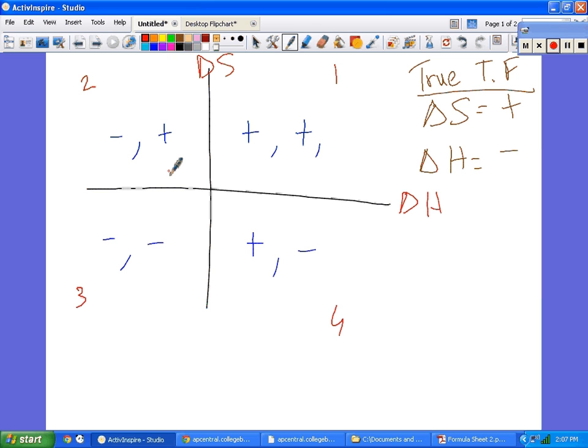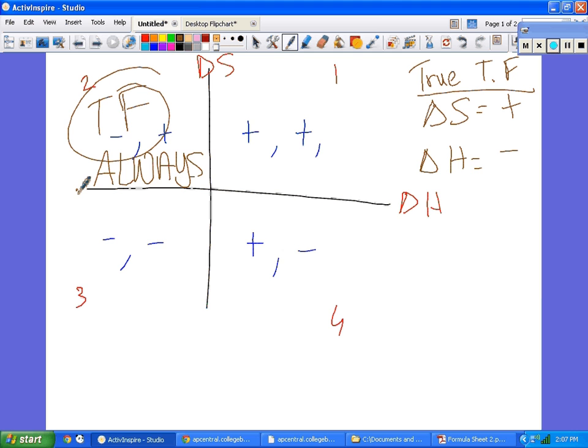Delta S is Y, delta H is X. Which one of these will give us true thermodynamic favorability? Quadrant 2. Everybody agree with that? So this is thermodynamically favorable always. You agree? You with me? Okay.